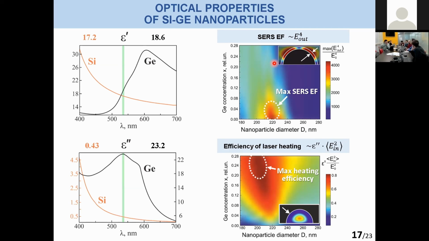Sorry, may I ask about the bottom right picture? Here you estimate the efficiency of laser heating by estimating the absorbed power in the structure. If I understand right, there should also be estimations of radiative and non-radiative losses, because if we consider this an optical resonator, then the efficiency should cover two factors in semiconductor structures.